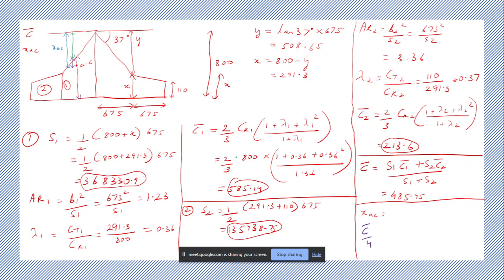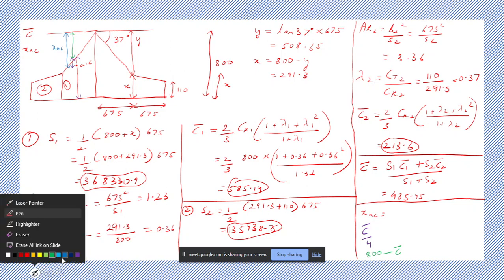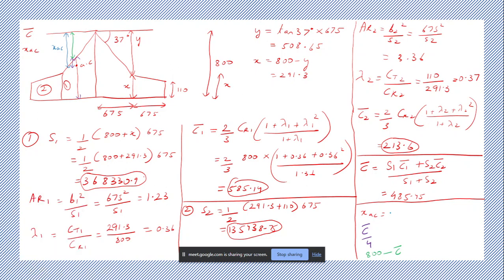800 minus C bar, right? Green line is 800, exactly. So the green line is 800 minus C bar. And you add these two, you get the blue line. So that is 800 minus C bar plus C bar by 4. That is your XAC. What is the value? It comes to around 400 something.